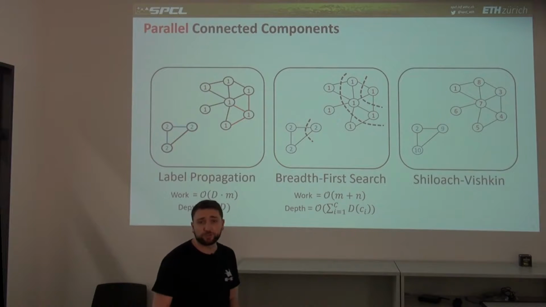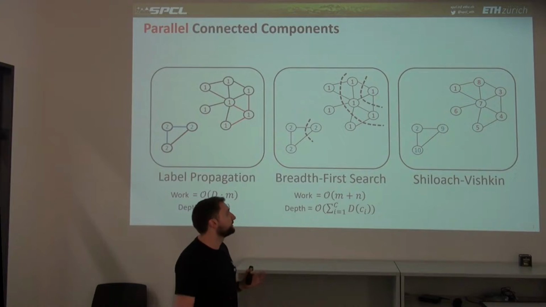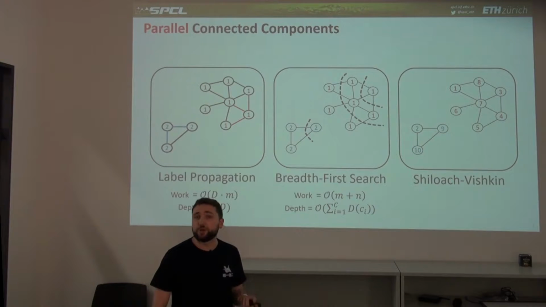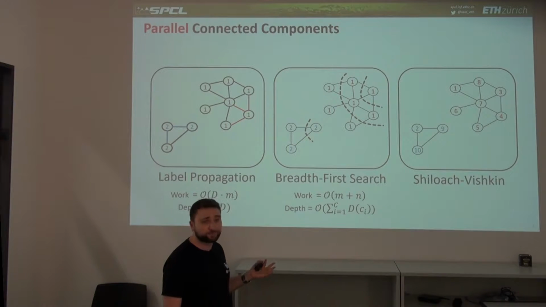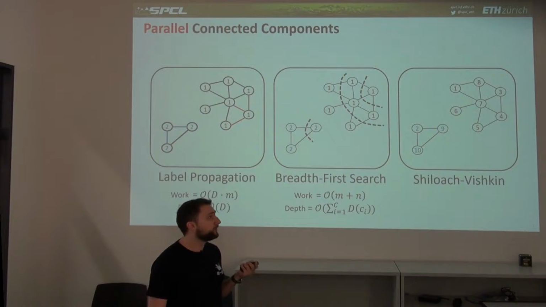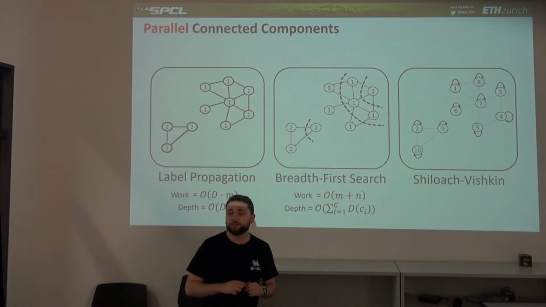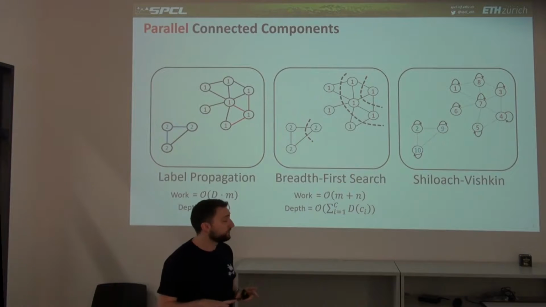A third approach, which is right now, I think, the highest performing algorithm in most cases for computing connected components, is the algorithm presented by Shiloach-Vishkin in 1982. There we construct an auxiliary data structure on the graph, which is a parent pointing tree. For each node, we start by letting these trees point to themselves.